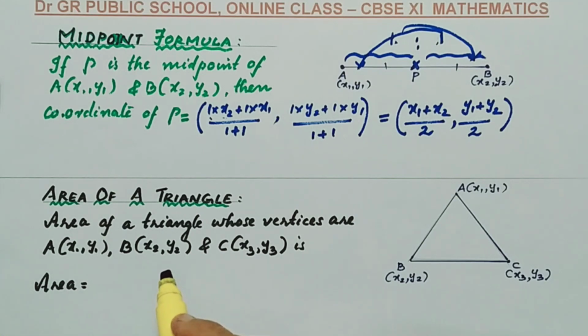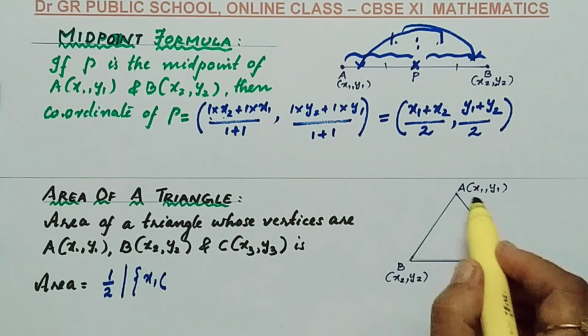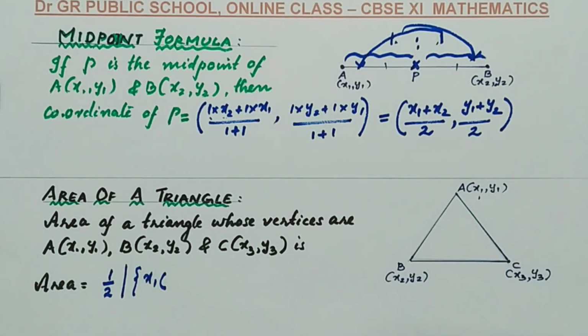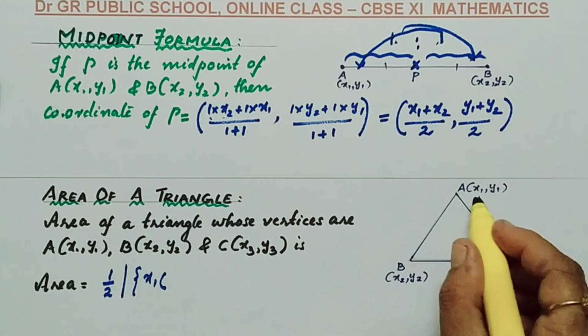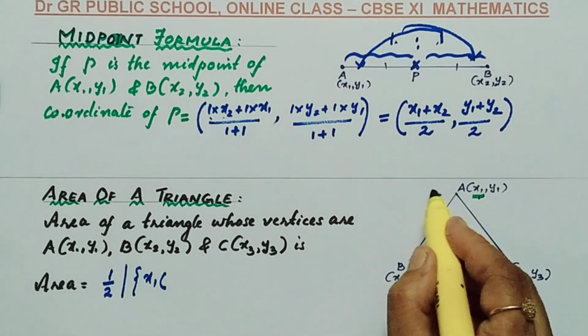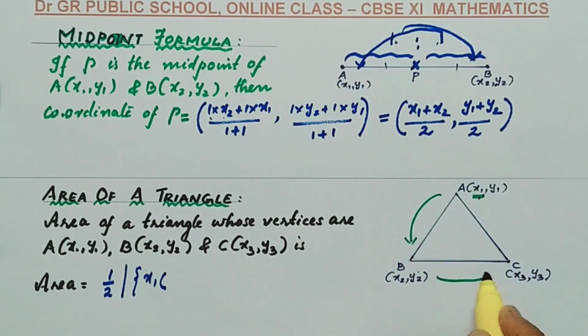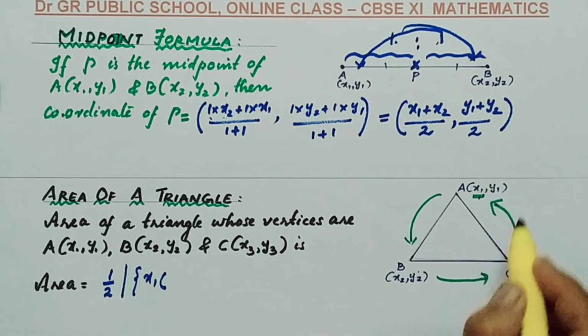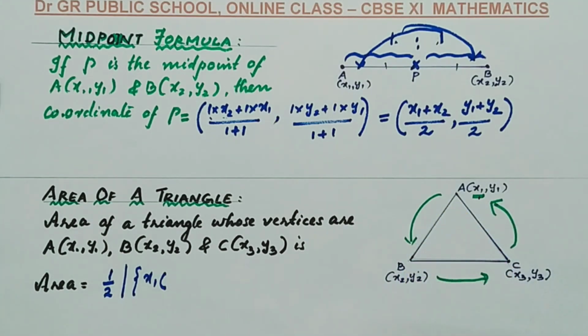The area of a triangle whose vertices are A(x1, y1), B(x2, y2) and C(x3, y3) is, you have studied about this, area equal to half into modulus of x1 into, then you need to consider y2 minus y3. Take the order in a cyclic way. This is cyclic order, starting from A, then B, then C.